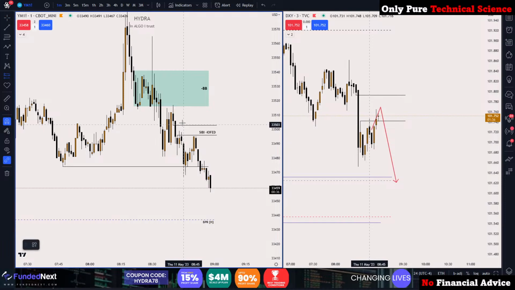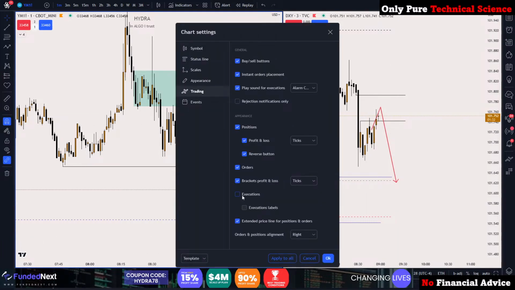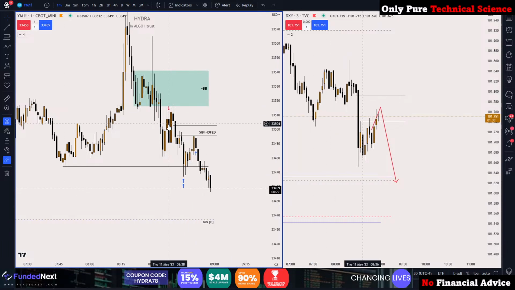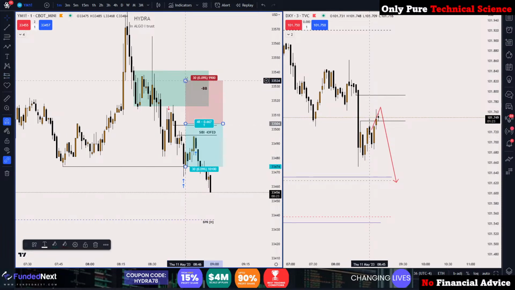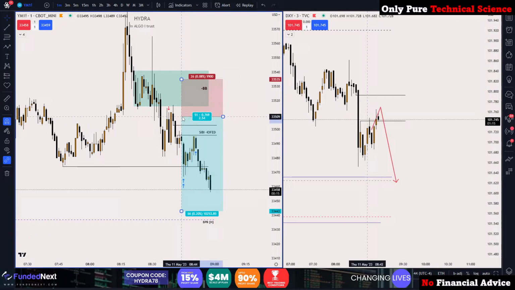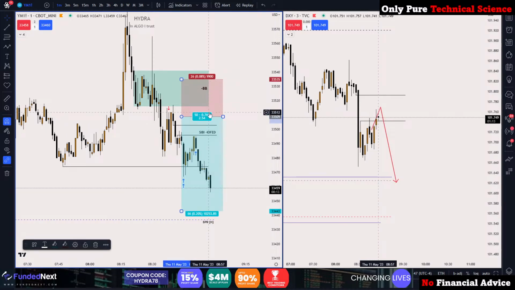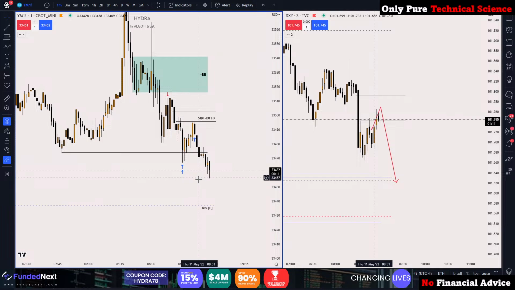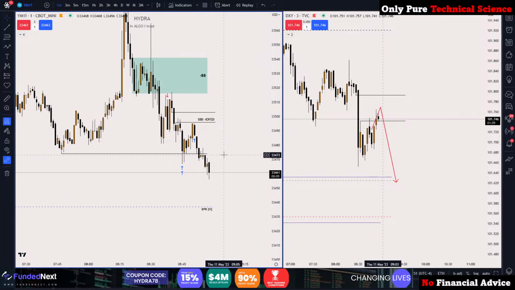Let me put the execution back again. My execution was here, right? And our stop loss was somewhere here, and I think it wasn't this big. I don't remember, anyway, forget about it. Our TP was somewhere here. I think it got hit right now.